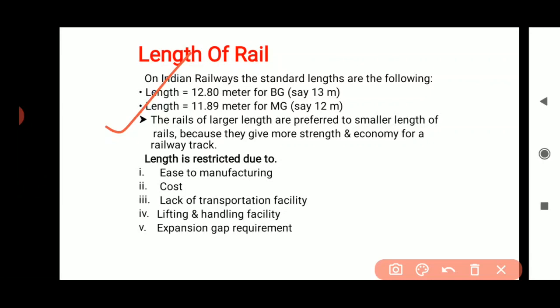As I have discussed in the case of steel structures, the weakest part of a structure is the connection or the joint. So here also, the weakest point of a railway track is the joint between the two rails.